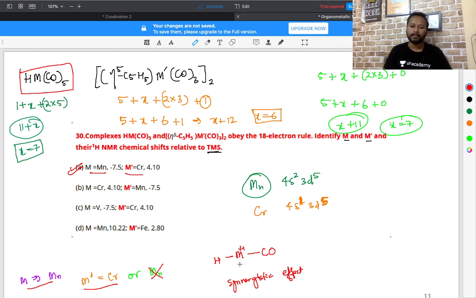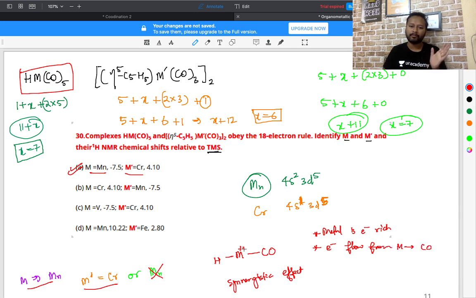So over here, if you see, the metal is quite electron rich, right? Since the metal is electron rich, there will be a synergistic effect happening, and electrons will flow from the metal towards the CO side.